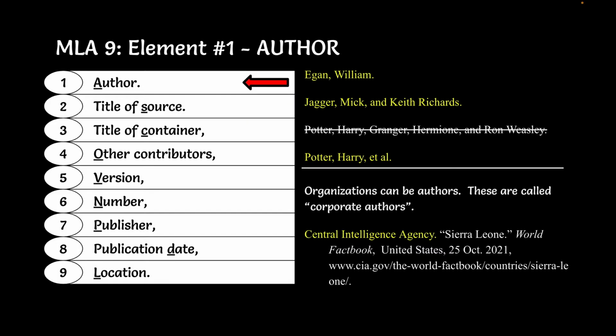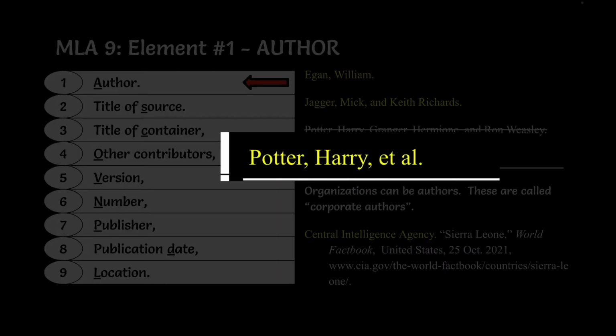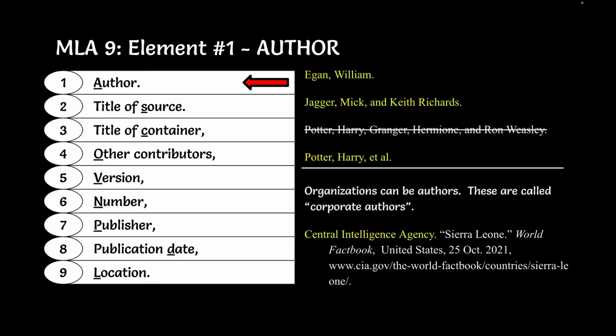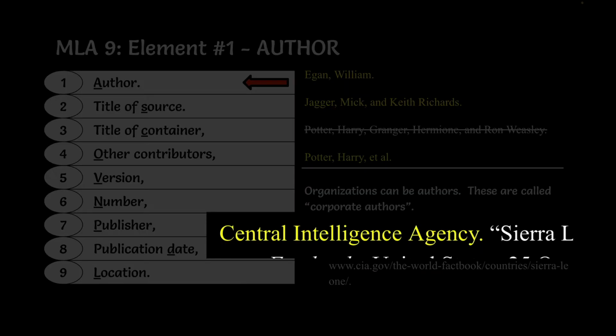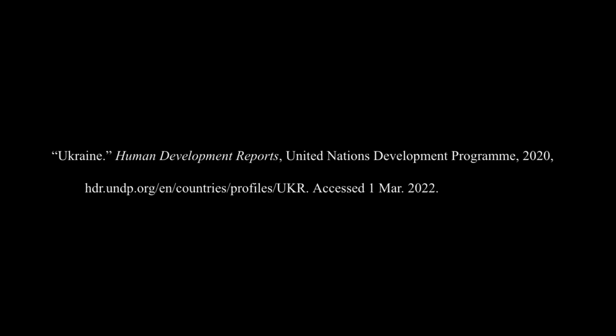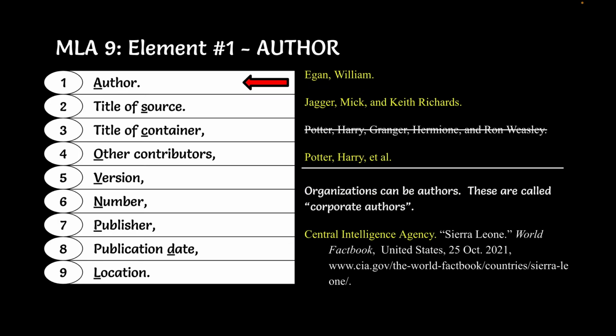What happens if there's more than 2 authors, in which case you add comma et al, which means and others in Latin. And then the third possibility is that it's a corporate author, so a company name or an organization. Of course, it's really important to remember that if there is no author at all, you go straight to element 2, which is the title.